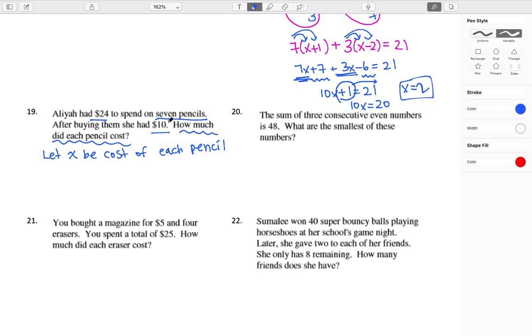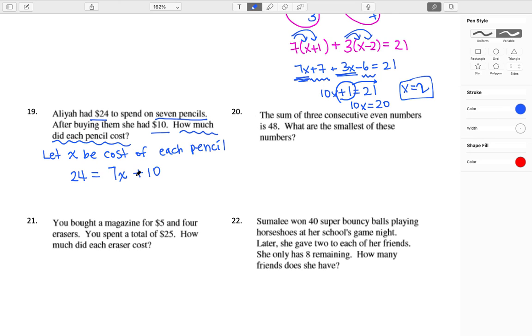So we know that the total is $24, and she spent on 7 pencils, so 7 times x, right? Each is x, plus 10, because she had $10 left over.